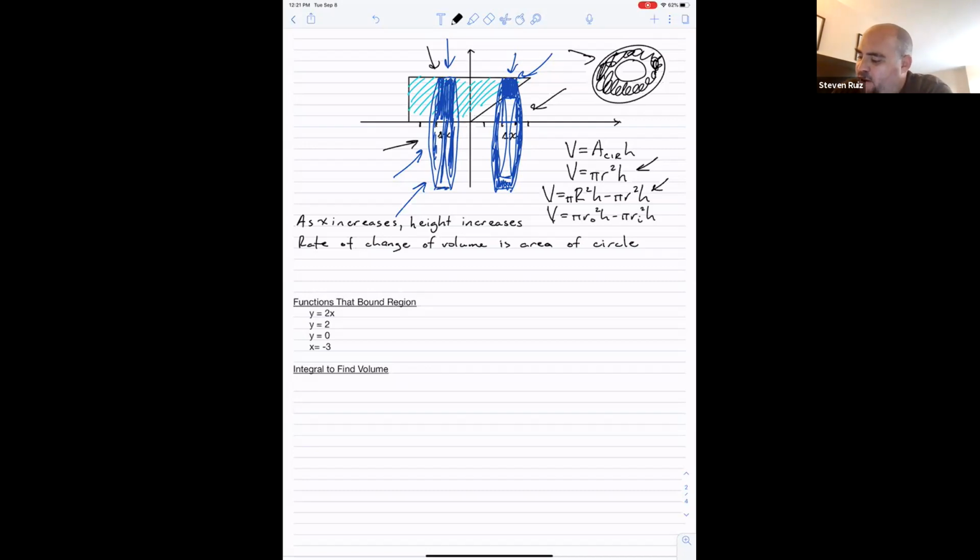So this circle right here, this radius out here, that would be capital R, and this one here would be lowercase r. So to really find the area of that circle, I need to find the area using the larger radius. I also need to find the area using the smaller radius, and then subtract the smaller from the larger.